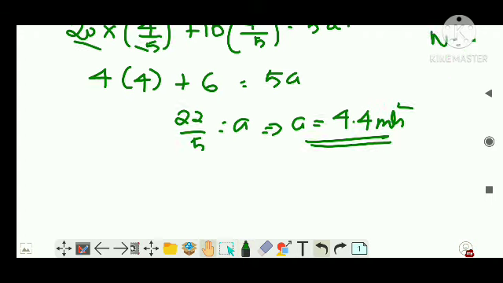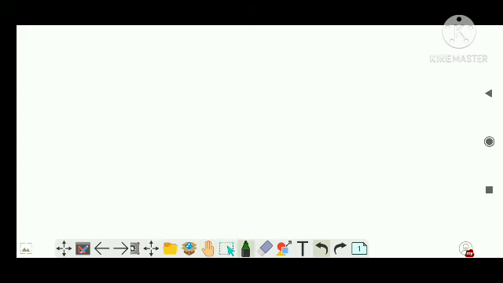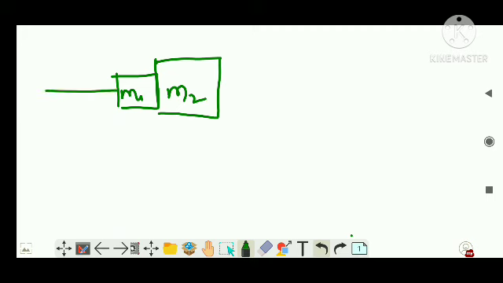Now similarly, this is a block M1. Now there is another block M2. Now I am applying a force here like this. If I apply a force like this, then both the blocks will be having an acceleration because they are in contact. That is, both of the blocks will be having the acceleration a.